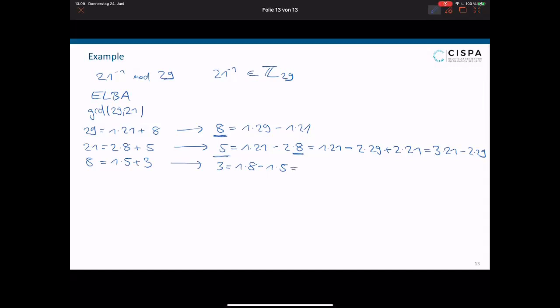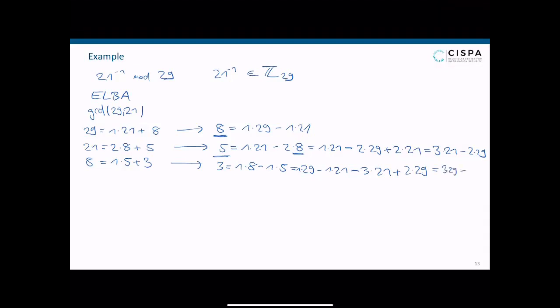So this is 1 times 29 minus 1 times 21 minus 3 times 21 plus 2 times 29. And what is this? Well, 1 times 29 plus 2 times 29 is 3 times 29 minus 4 times 21. Good.